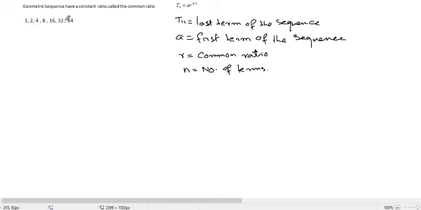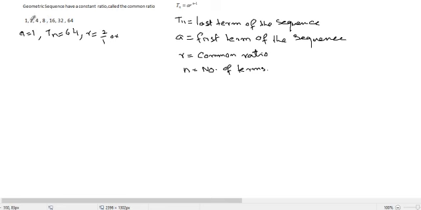So it means every term is obtained by multiplying by a fixed number 2, and we will get the next number of the sequence. So we have the first term here, a, which is equal to 1, as we have stated that a is the first term of the sequence. And the last term here, Tn, is 64, and r, the common ratio, is equal to 2 divided by 1, or we can divide 4 divided by 2, or 8 divided by 4, or 16 divided by 8.